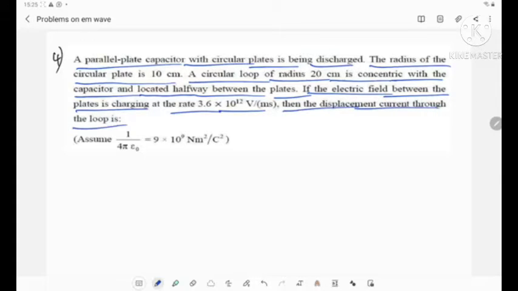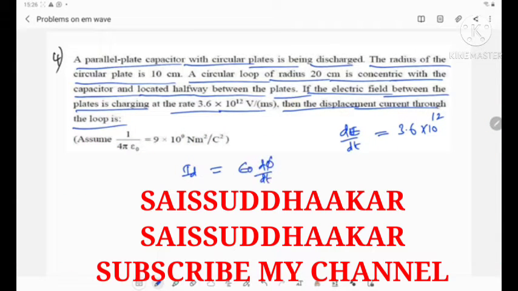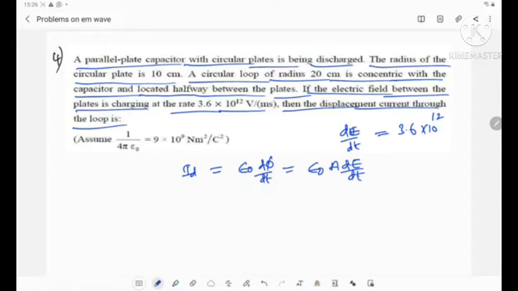Here 3.6 into 10 to the 12 volt per meter second becomes dE by dt. dE by dt is given as 3.6 into 10 to the power of 12. Therefore, here Id is equal to epsilon naught into d phi by dt. This becomes epsilon naught into A into dE by dt.